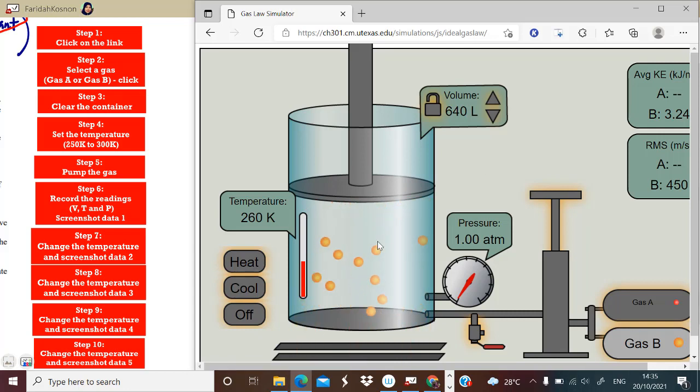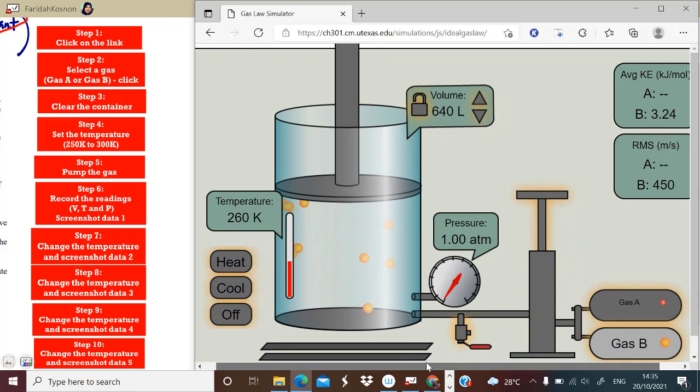Katalah saya start dengan 260 Kelvin. Pada suhu 260 Kelvin, volume occupied by the gas B adalah 640 liter. Jadi, ketika ini, average kinetic energy, kebanyakan gas particles B itu, tenaga kinetiknya adalah 3.24 kJ per mole.